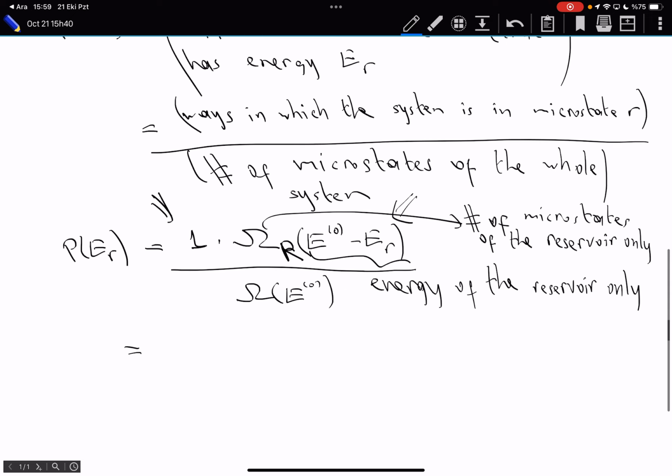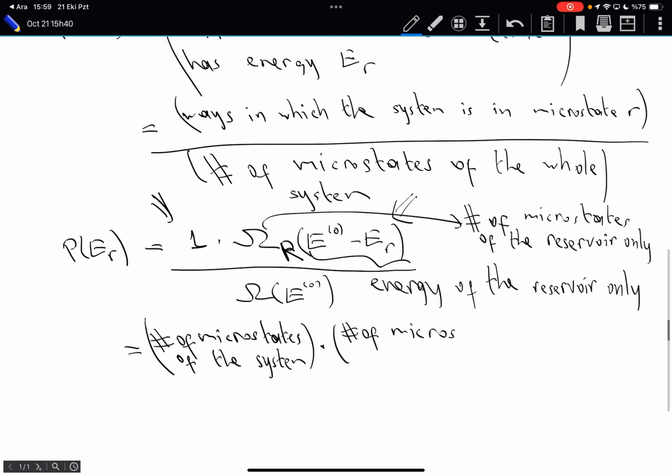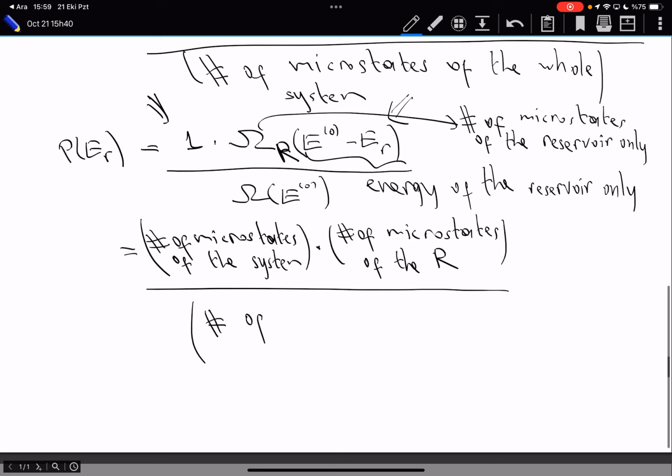So let me write it in this form: the number of microstates of the system times the number of microstates of the reservoir, divided by the number of microstates of the system plus the reservoir. This is what I'm writing.